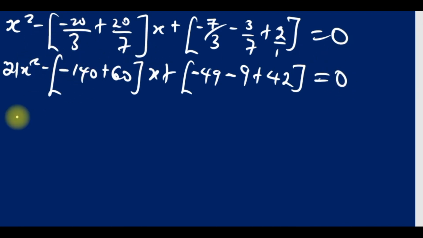So we have 21x squared minus, 140 plus 60 is minus 80, so minus times minus gives plus 80x, plus minus 49 plus that is minus 7, minus 7 minus 9 is minus 16.